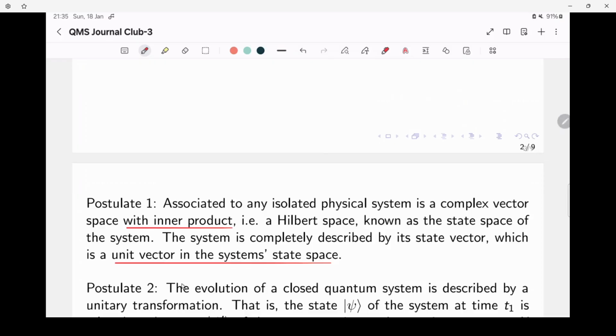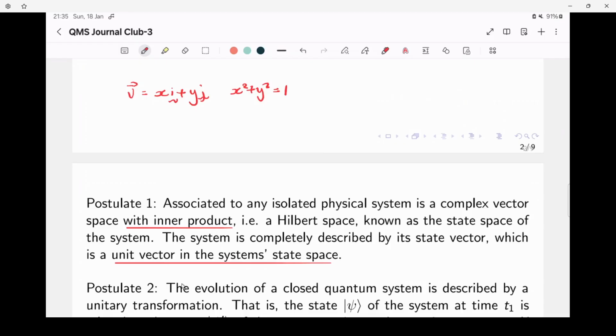So let's say you have a vector with x and y. Let's say this is a two-dimensional vector, and let's say x squared plus y squared equals 1. So this is sort of like a unit vector.